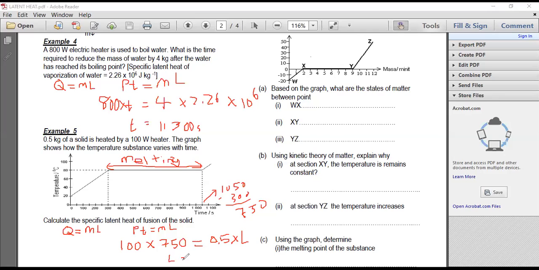So it'll be 150,000 joule per kg, J kg^-1.